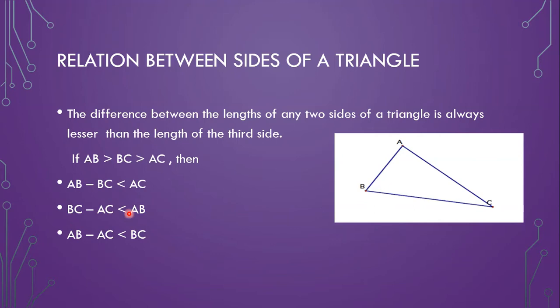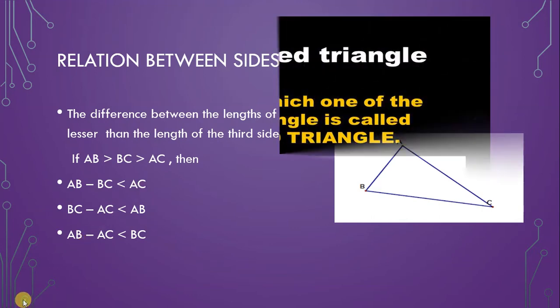If I take BC and AC, the difference of it, BC minus AC, will be lesser than the length of the third side, which is left, AB. Same way if I take these two sides, AB and AC, their difference is always lesser than the length of the third side. These are the two relations regarding sum and the difference.